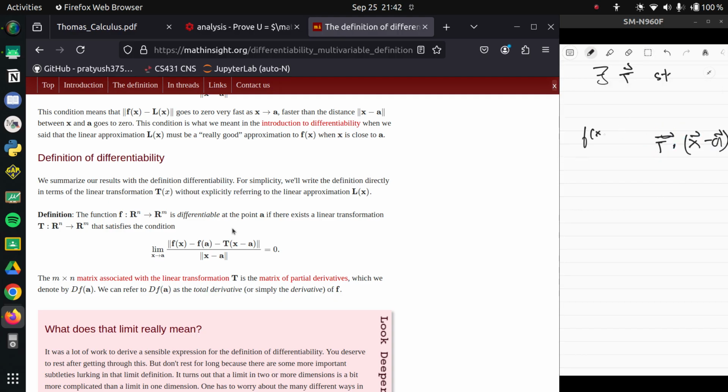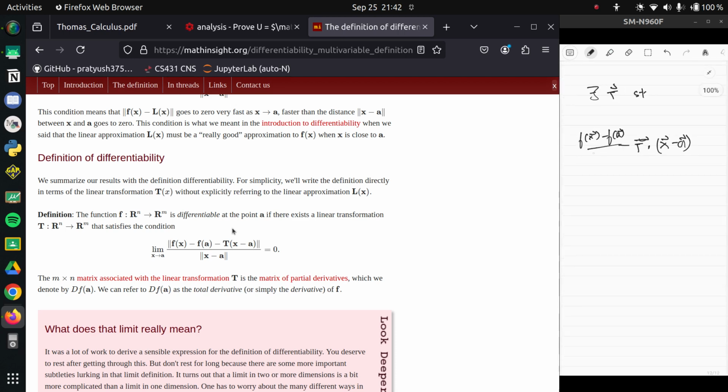So f of x vector minus f of a vector minus that whole thing, so this upon the x minus a value, then you can get norm of this whole thing. This has to be equal to 0, right? So the limit has distance of 0. Yes. So essentially all you're saying is, so this would just be some sort of a unit vector, by the way.